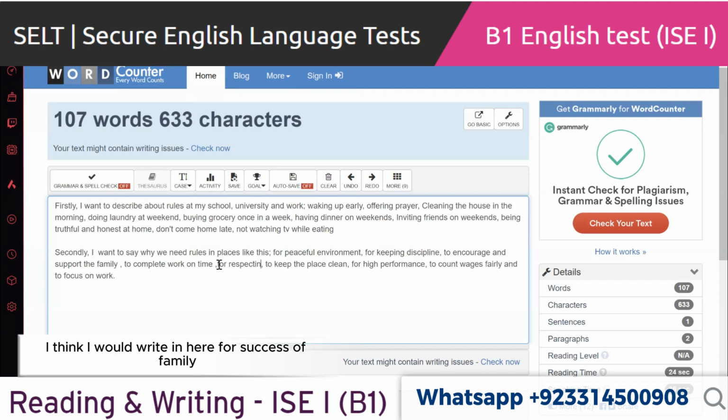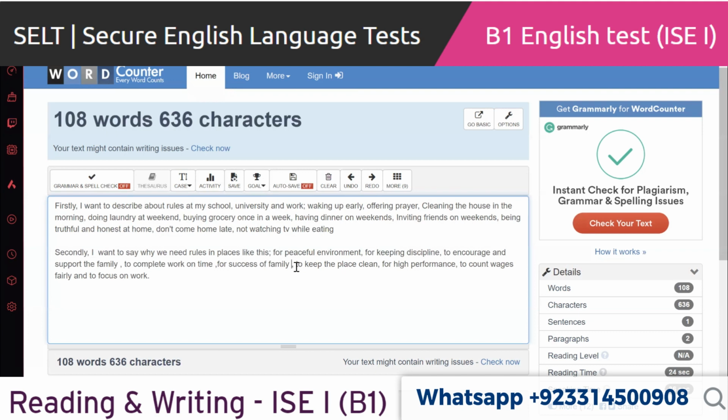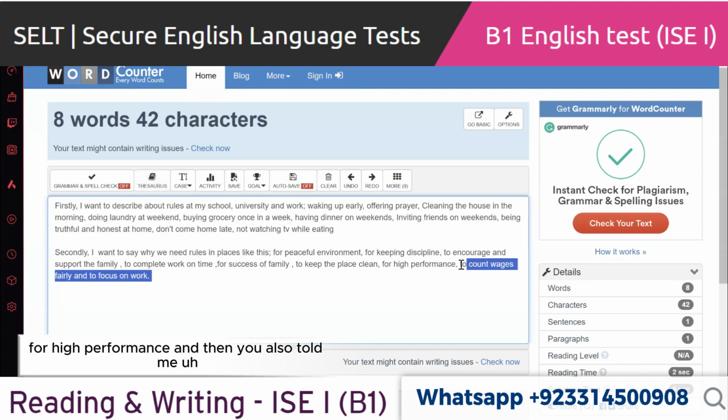I think I would write here for success of the family, because everything is done on time. For staying united, to keep the place clean, for high performance.